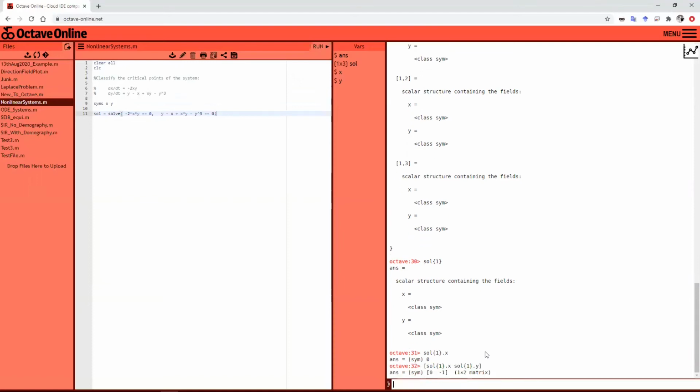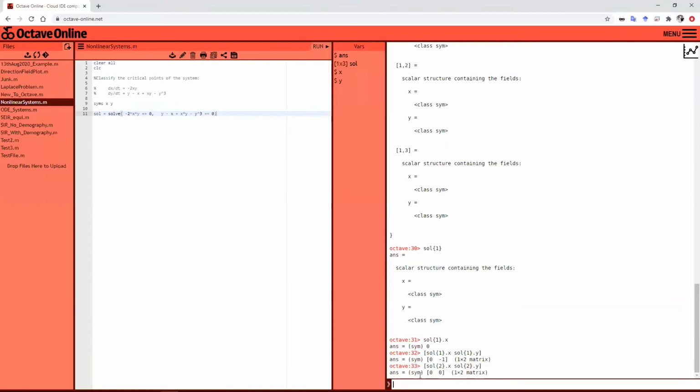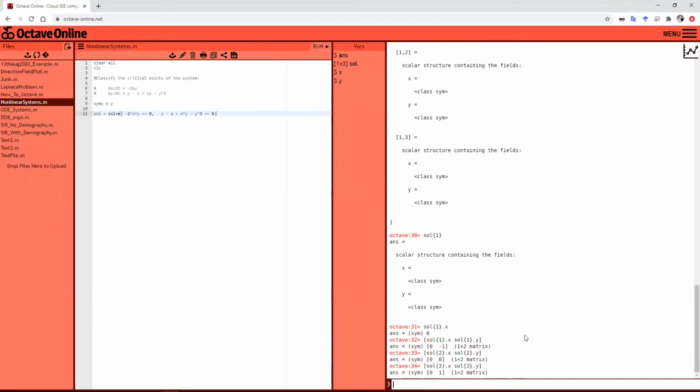Okay, and this is therefore my point 0, negative 1, my first critical point. Well, we said there was 3, so let's check the other 2. Here I have the point 0, 0, and then the last one should be 0, 1. Okay, so here you can see that this solve function in Octave has found the 3 solutions that we found in lecture 35. So that's fantastic.